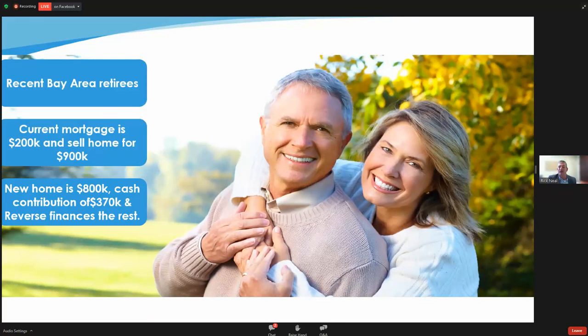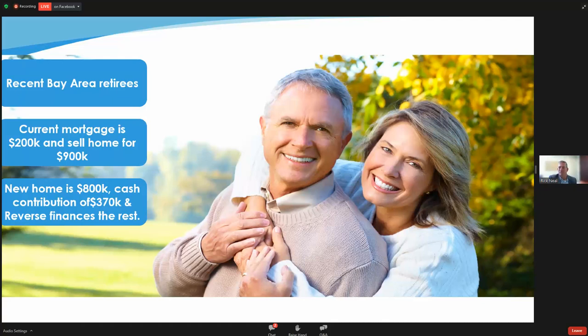So at their age and interest rate that I'm sure you all are aware of, rates are jumping all over the place, but yesterday just found a 3.31% fixed rate reverse where they would only need to bring in $370,000, and the remainder, or $450,000, would be using the reverse mortgage. So that means they need to bring in a one-time payment of around 46%.